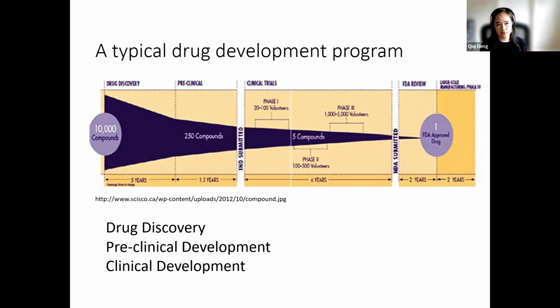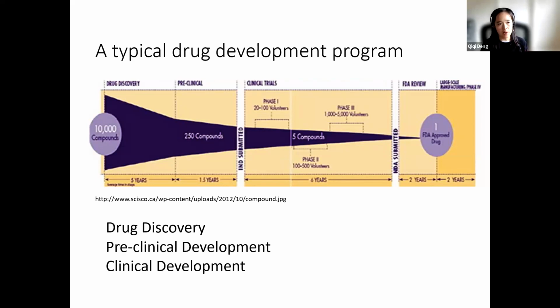This diagram shows the attrition rate in each part of the process. At the beginning, you may have identified 10,000 compounds. After the discovery phase, you leave out a lot of ideas and proposals that are not going to work. When it comes to preclinical testing, you probably only have 250 out of that 10,000.